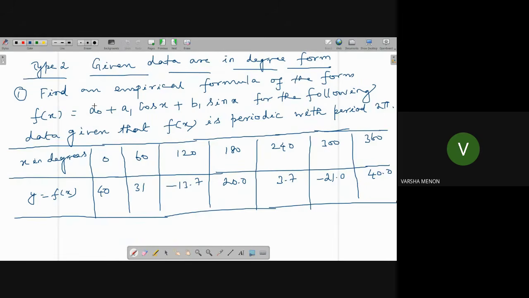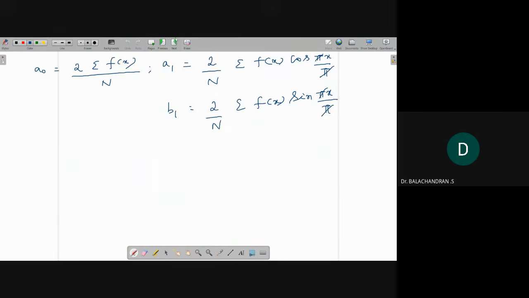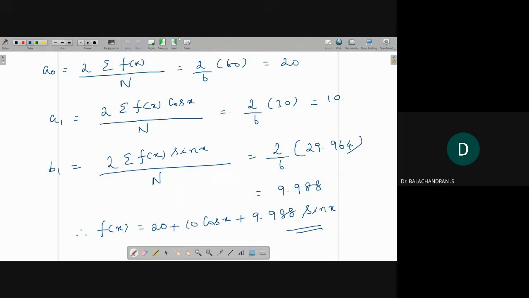Here they ask to find an empirical formula of the form f of x equal to, and they are giving just A naught. If they give A naught by 2, then we will do it here also A naught by 2. But they are giving just A naught. That's why I am writing 20.